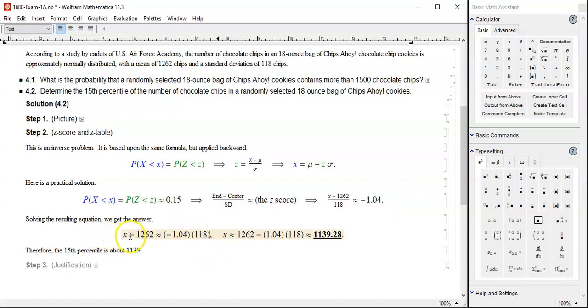And then flip this to the other side so that you add the result, 1262 minus 1.04 times 118. And if you run your calculator, you're going to get 1139.28, approximately speaking. Everything is approximate in stats, so I'll conclude it as about 1139, or maybe even 1140.